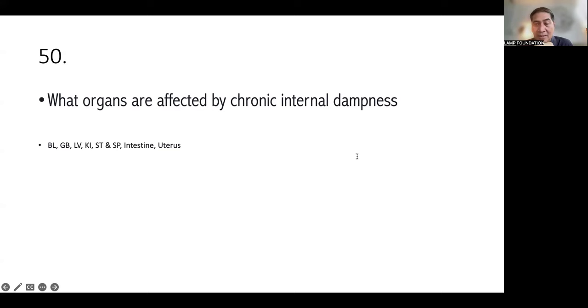Stomach, spleen, intestine, like the large intestine, just like my patient earlier. She had colorectal carcinoma, third stage. She was receiving chemotherapy, and what we could do is just mitigate the side effects of the chemo. Who knows? It might even work if we do acupuncture.